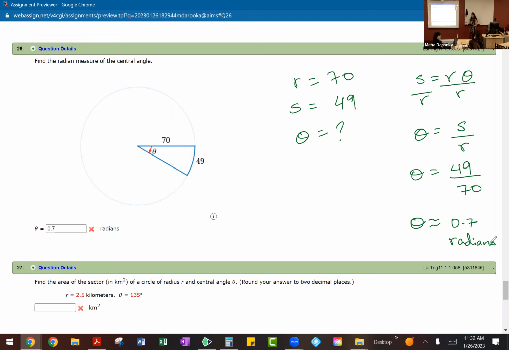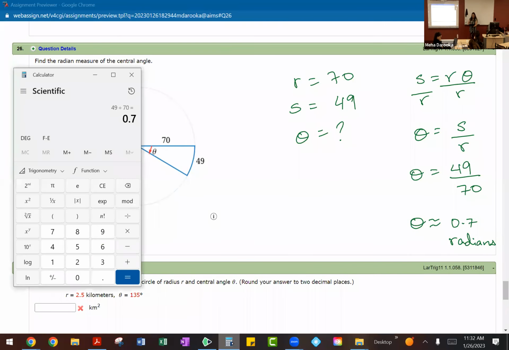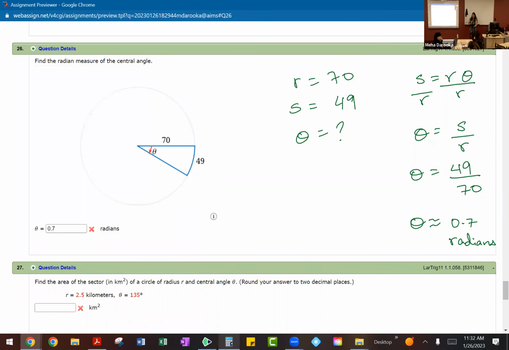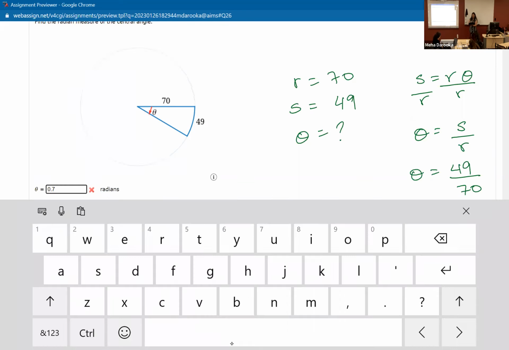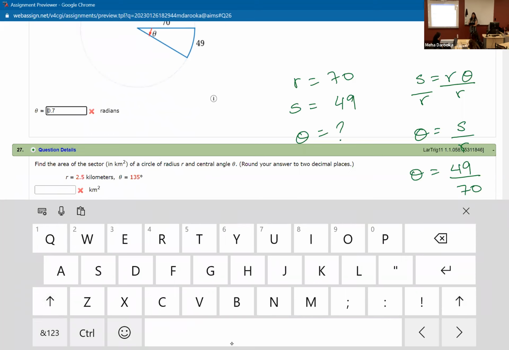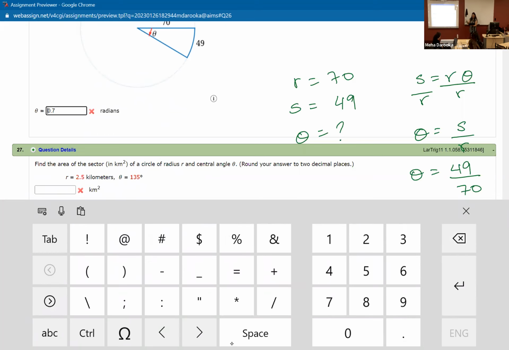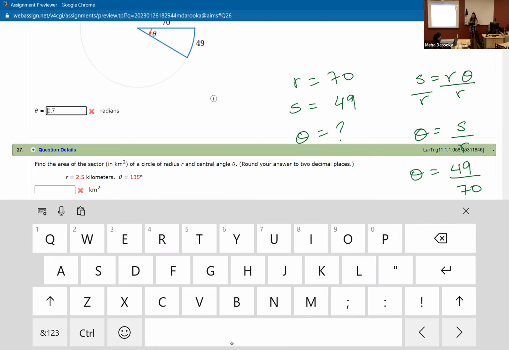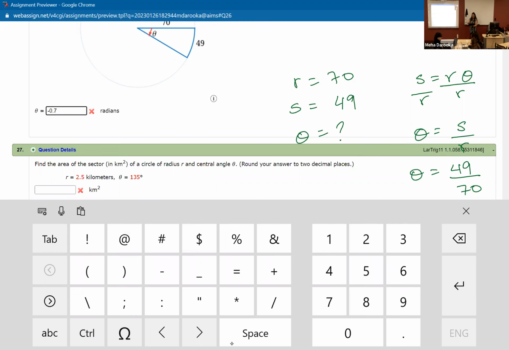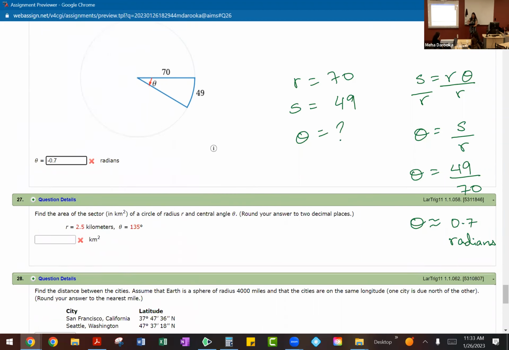This is by default in radians, 49/70. That's what we did, it's 0.7. Thank you, I was not paying attention to that. Yes, because you are going in the what direction? You're going in the clockwise direction. It is going to be a negative angle. Thank you.